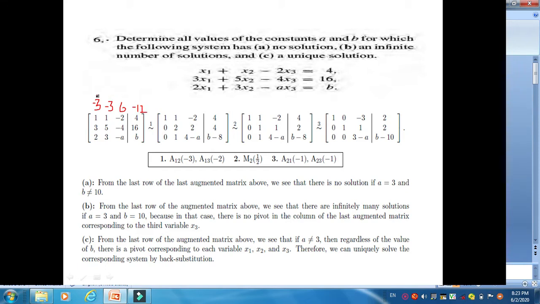So if you add that row into the second row, it means minus 3 plus 3 is 0, minus 3 plus 5 is 2, 6 minus 4 is 2, minus 12 plus 16 is 4. So now we'll have that matrix. Similarly we may apply different row operations, and finally, in order to save time, we'll obtain that matrix.